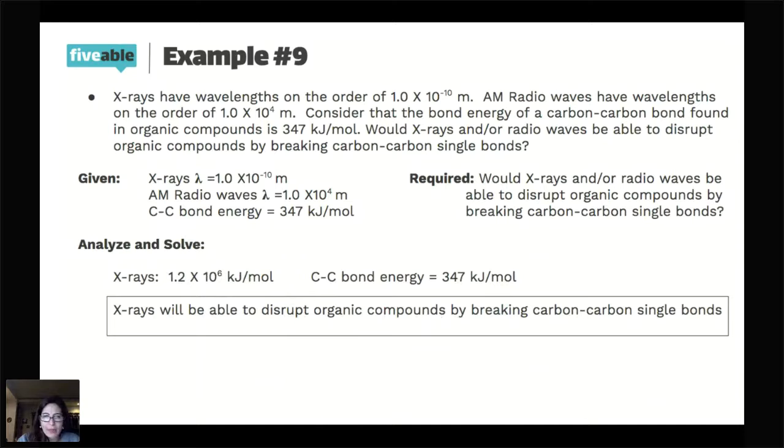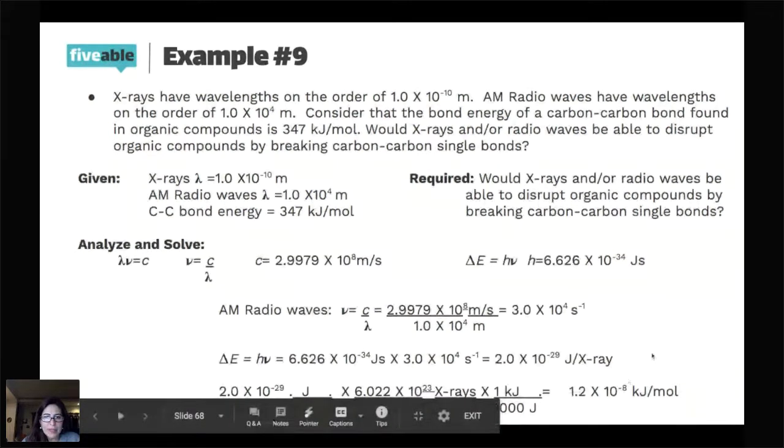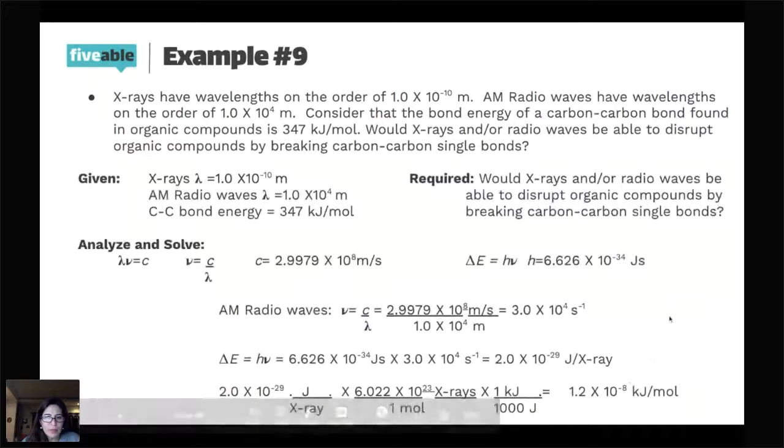Then we have to do the same for AM radio waves. If we do the same for AM radio waves, we are going to get a value of 1.2 times 10 to the power of 8 kilojoules per mole. We use the same process, but now with the values of AM radio waves.